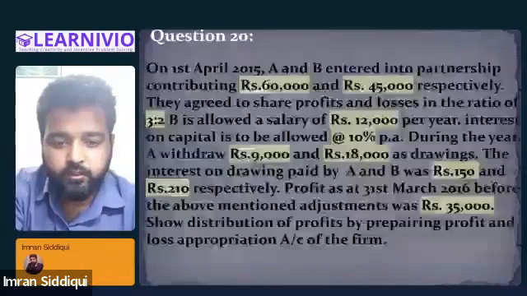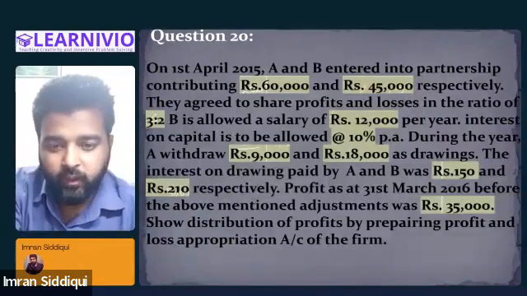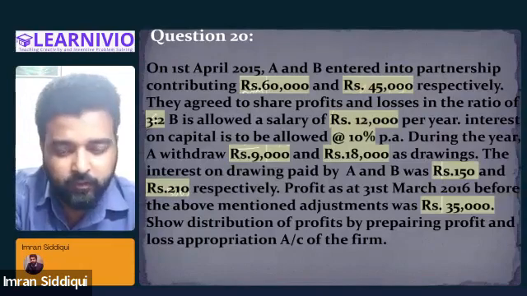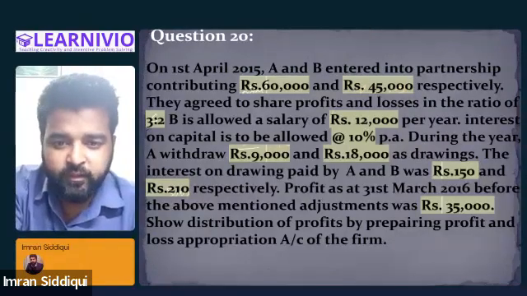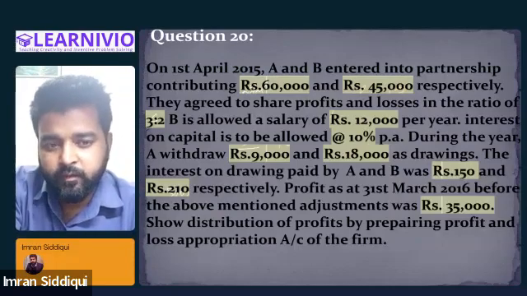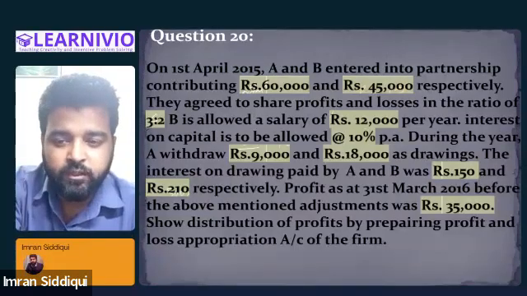Question number 20. Now this seems to be a little lengthy question as compared to the previous one, but this is easy. So question number 20 says on 1st of April 2015, A and B entered into partnership contributing 60,000 and 45,000 respectively. They have agreed to share the profit and loss in the ratio of 3:2.